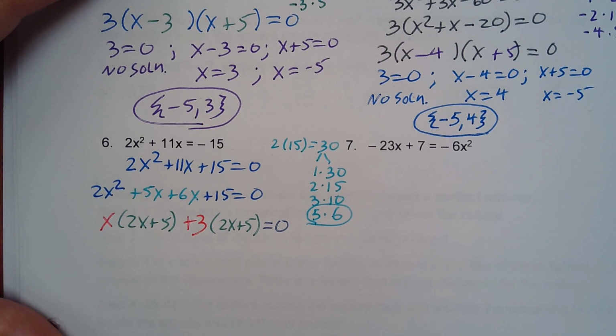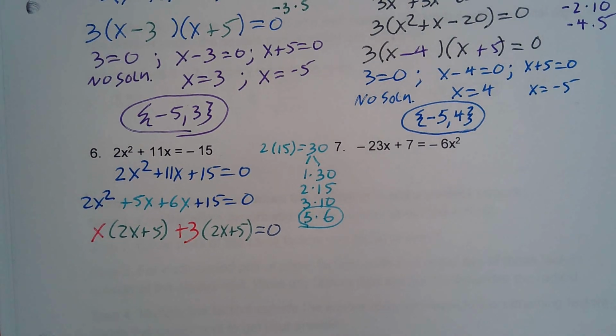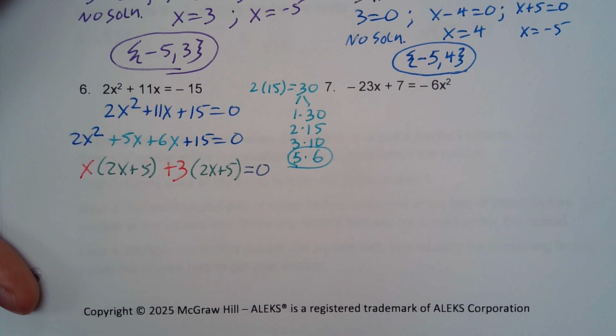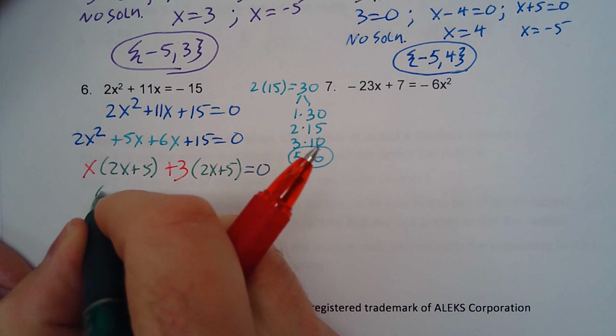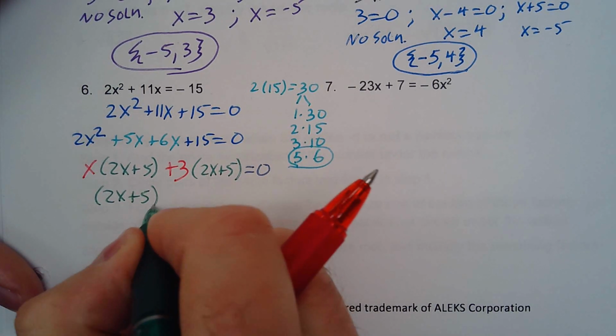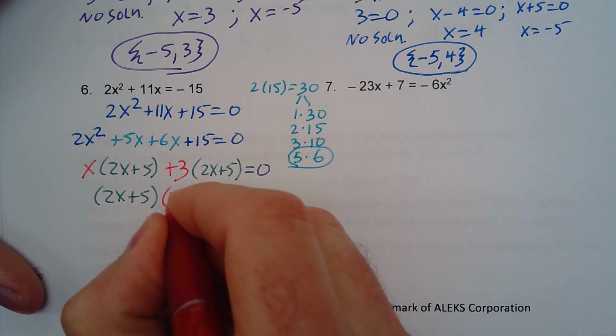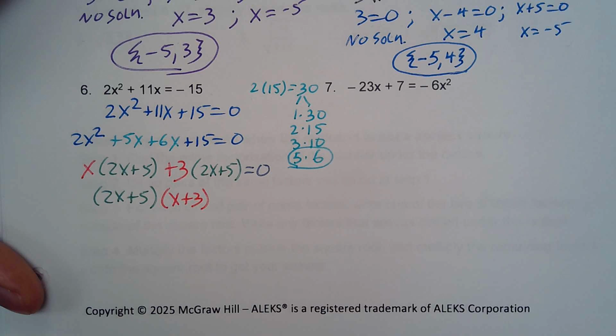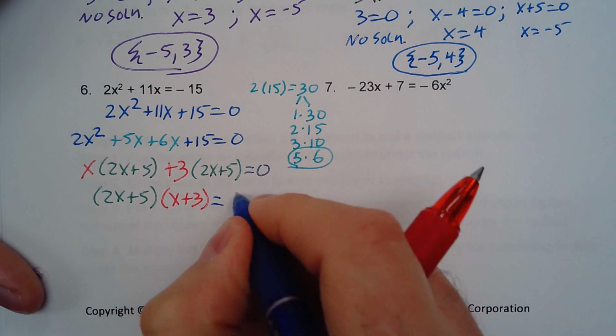And now our two pieces have a common factor of 2x plus 5, so we'll put that out in front. Our leftovers are x plus 3.